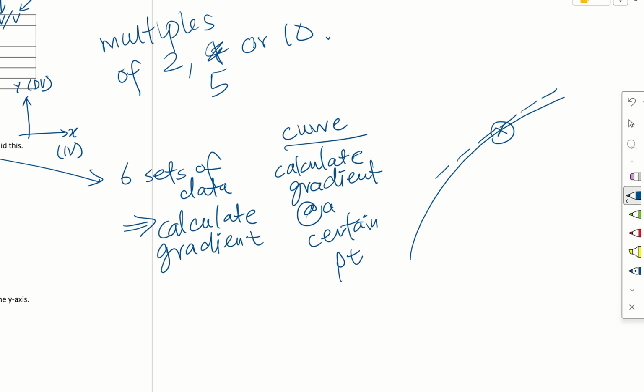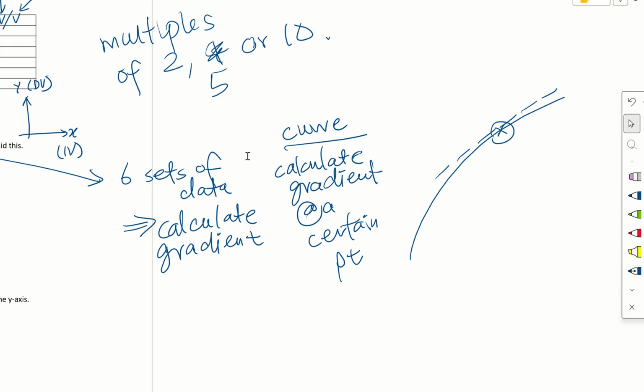So that's why whenever you receive the practical paper, the first thing that you need to do is to read through. Don't just read the first page and do as what you have read. You must first read through and understand what you are plotting: what is your independent variable, what is your dependent variable.